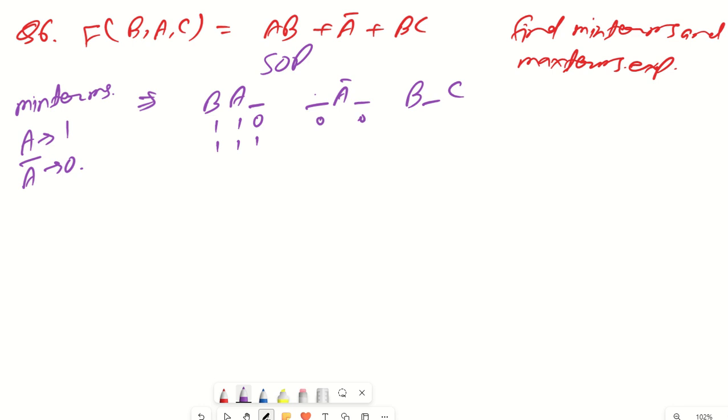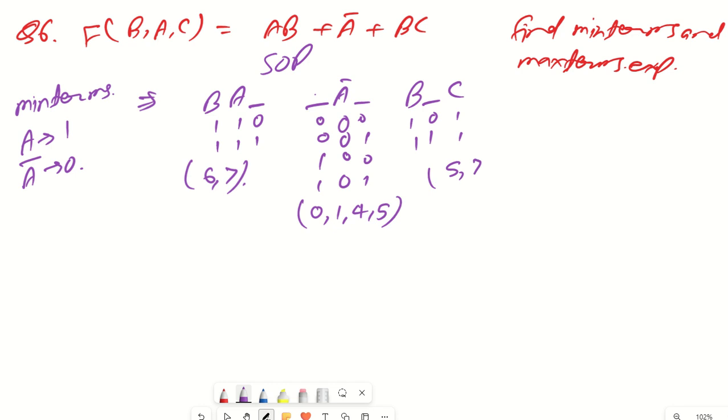Another one is 0 0 0 1 1 0 1 1, and A bar will take 0. Similar to that, middle A will take as 1 0 1, so 0 1 and the other ones are 1 1 1 1. So this is how you have collected the numbers. Now if you see, you can write it down as 6 7. Here it is 0 1 4 5. Here it is 5 7.